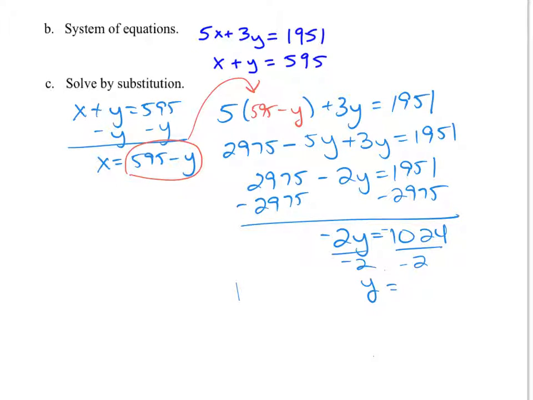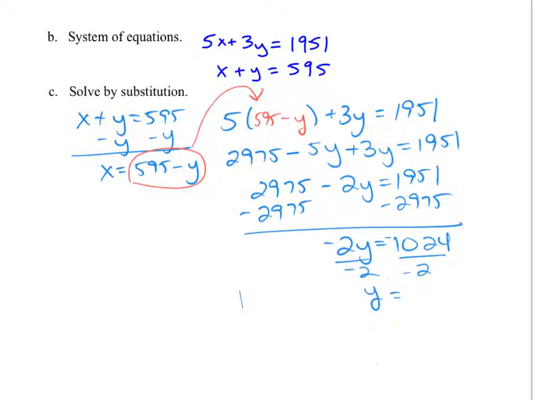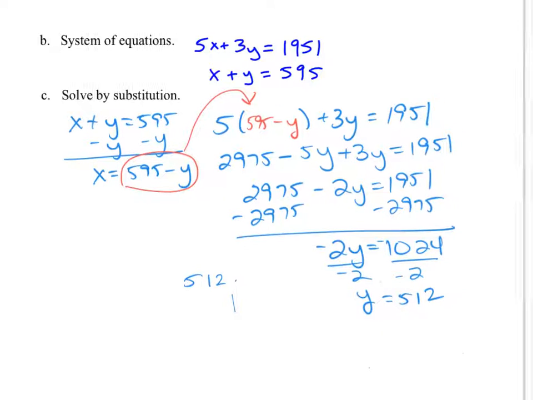So y equals 512. And again, the y is the same as it was when we solved by elimination. So in substitution, you get the same answer, and you do need to still show that. So you're going to say that you have 512 student tickets.